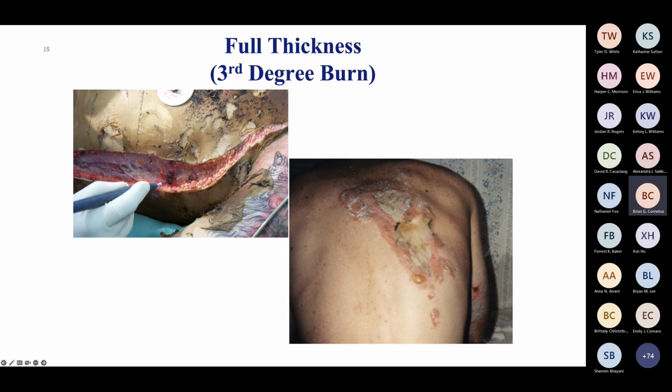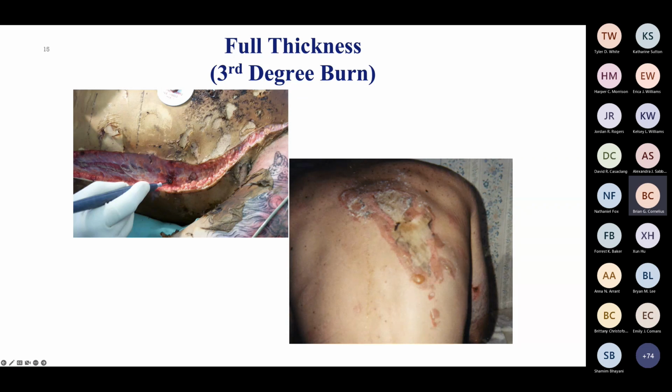If you look up on the top left, this is somebody that's getting a fasciotomy done. One thing to really pay attention to is even though they're using the electrocautery, notice there's not a whole lot of areas of bleeding. Again, you almost have a coagulation type syndrome that occurs there because of the thermal injury. So burns themselves generally do not bleed a whole lot when you have non-viable or burned tissue.